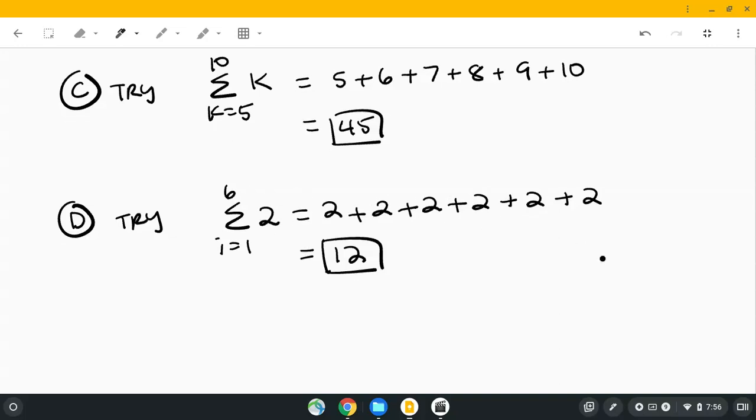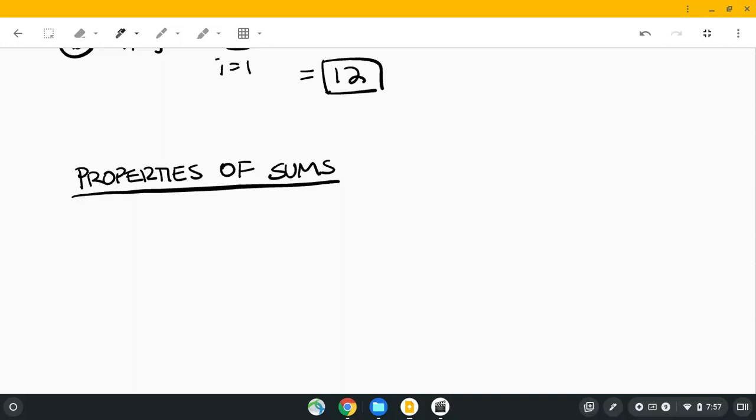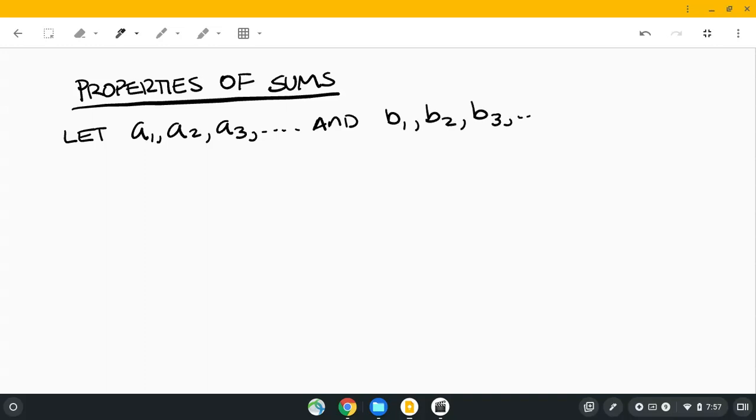All right, and then we just have a few properties that I have to mention here, and then we'll wrap it up. Properties of sums. Let a1, a2, a3, and b1, b2, b3 be sequences.